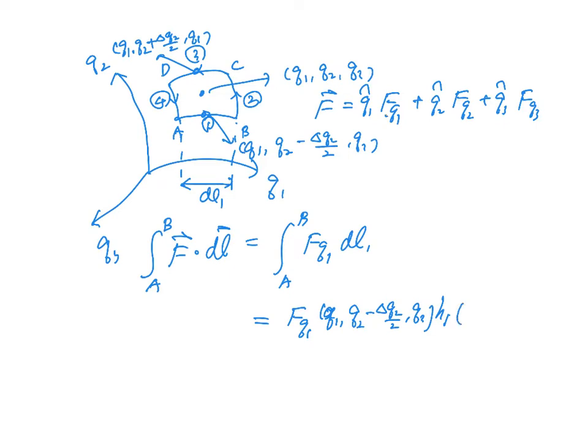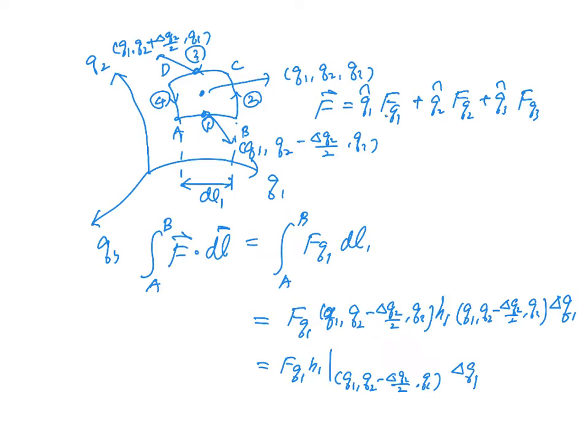But you have to remember that h1 is also a function of q1, q2, q3, times delta q1. It's too long, right? So let me introduce a simplified notation: f_q1 h1 just evaluated at this point, q1, q2 minus delta q2 over 2, q3, times delta q1.